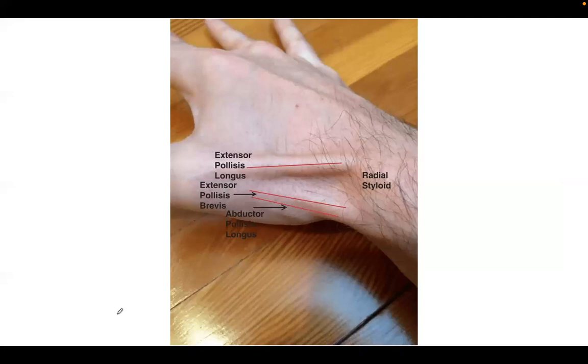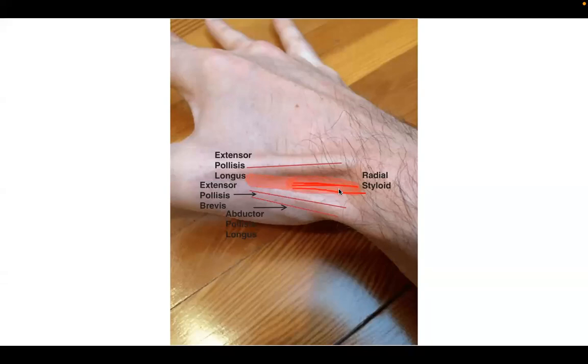This is the anatomic snuff box. What blood vessel would you be able to feel if you palpate the anatomic snuff box? What is this?